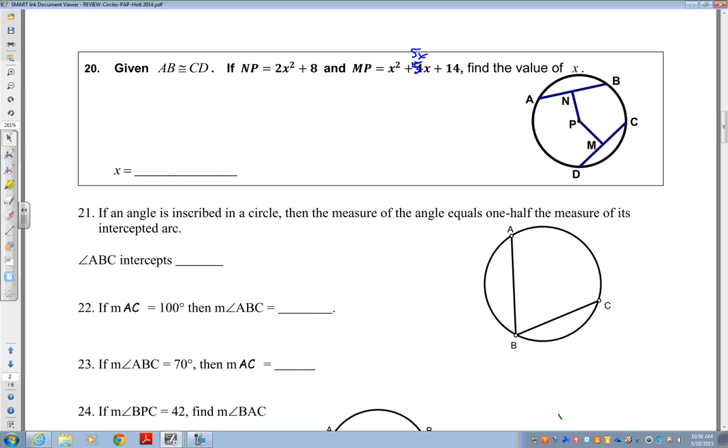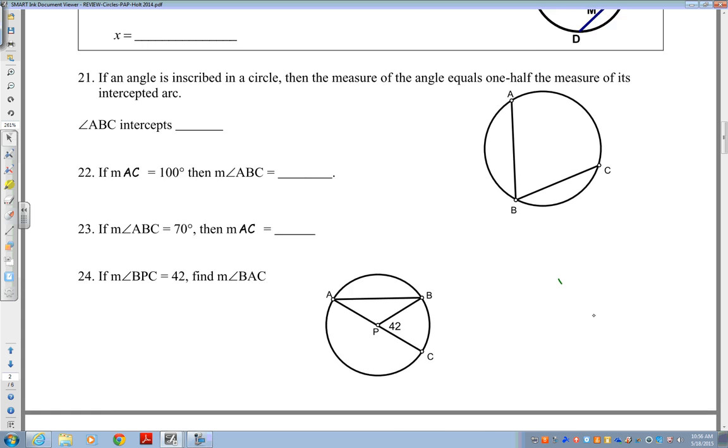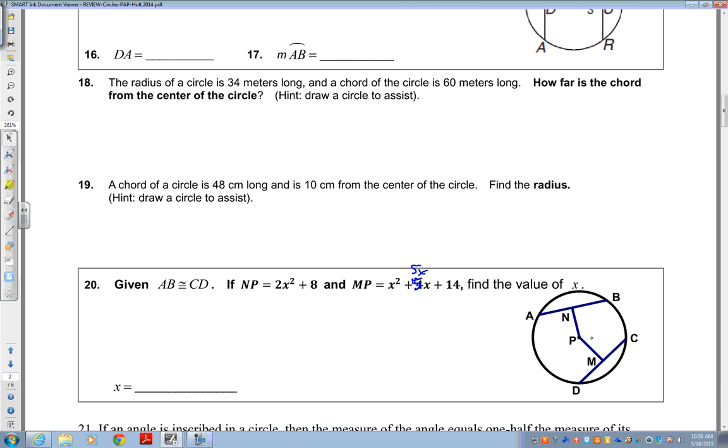19. You have to draw the picture, I believe. They didn't give you a picture. Yes, it is Pythagorean. So you have a circle. Yeah, it is the same as 18. You draw the chord. The chord is 48. It is 10 centimeters from the center. So you draw that. That's 10.